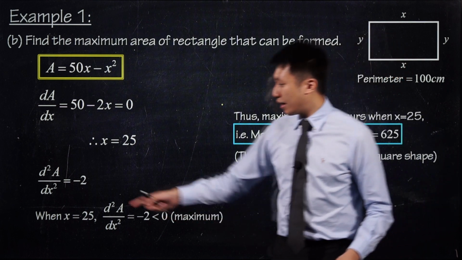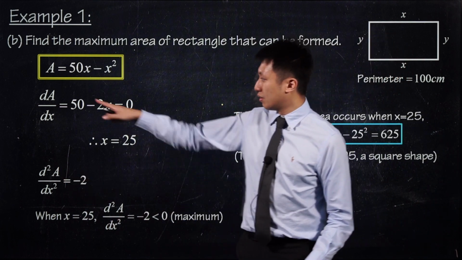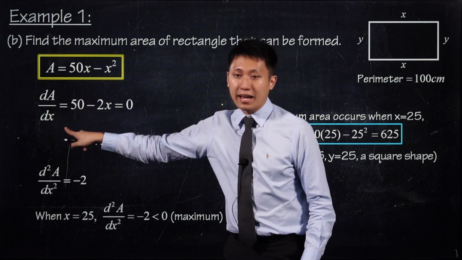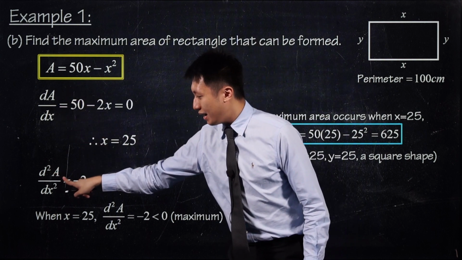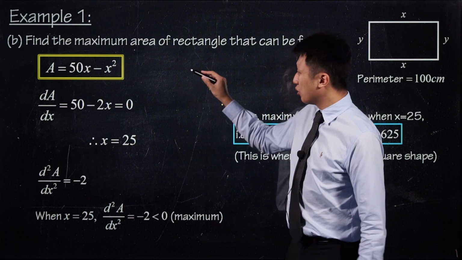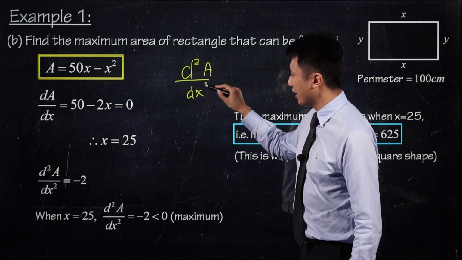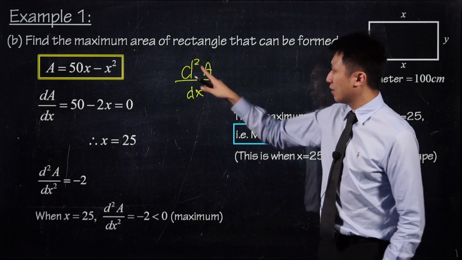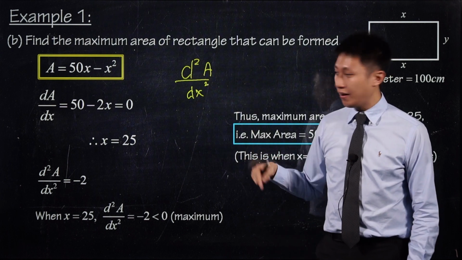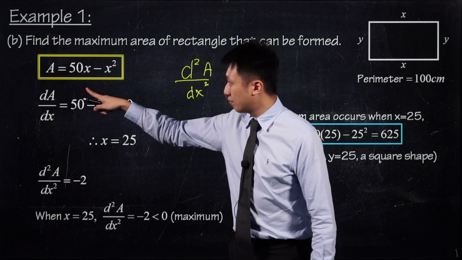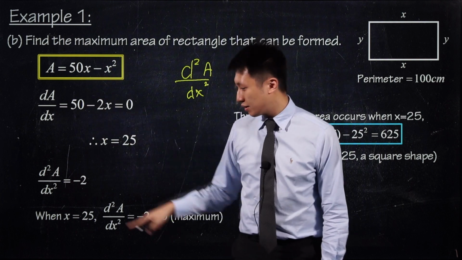Then I want to see whether x equal to 25 is a maximum or minimum. So I differentiate a second time. d squared A over dx squared, if you forget how to write it, square on top and square behind, is equal to negative 2.